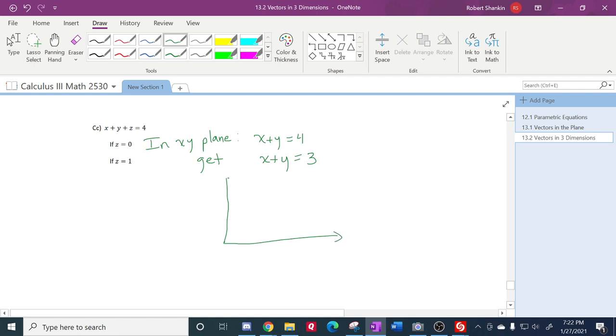And the 3 points I'm going to get are the easiest 3 points. X, Y, Z. I just say, suppose the other 2 are 0. Then this one's got to be a 4.